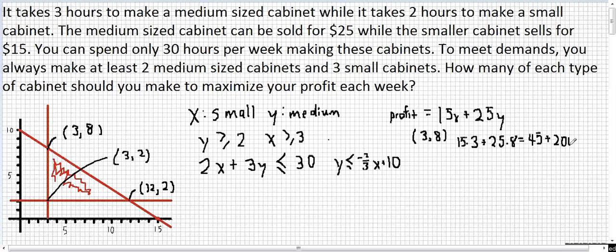So if we add them together, we get 245. Next, we need to try the point 3, 2, but if we compare these 2 points, we're making the same number of small cabinets, but we're making a smaller number of the medium-sized cabinets. And in that case, the profit can't be greater. So even before plugging in these coordinates into the profit equation, we know that this is going to be smaller. Since we're interested in maximizing the profit, we won't even need to try this point out.